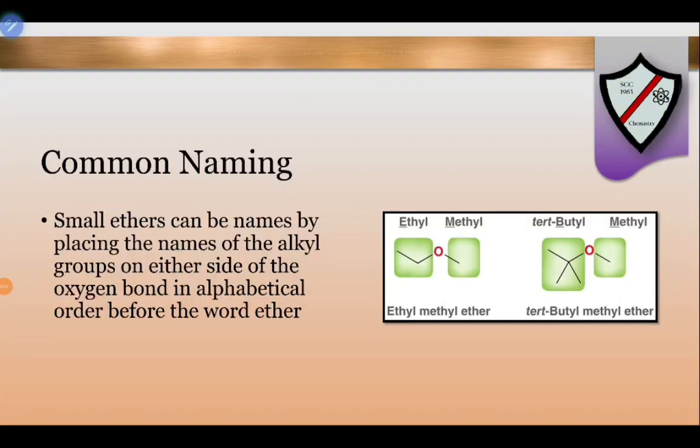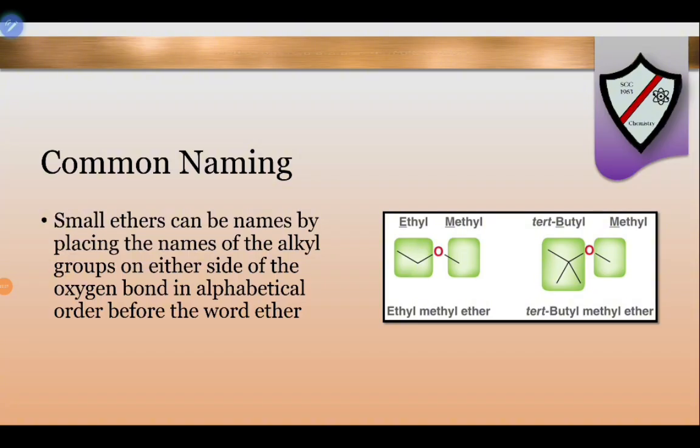For our smaller ethers, it's often used as a common name to name the side groups on either side of the ether, and then just put the word ether behind the name, indicating that we're dealing with a small ether with a couple of alkyl chains on either side.